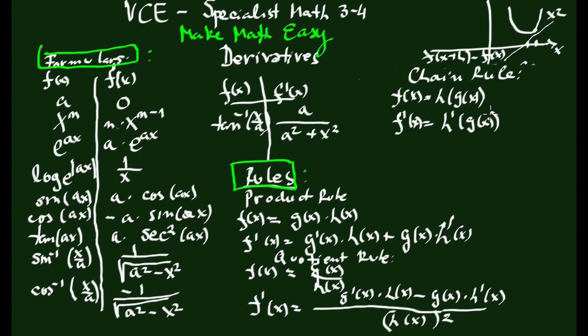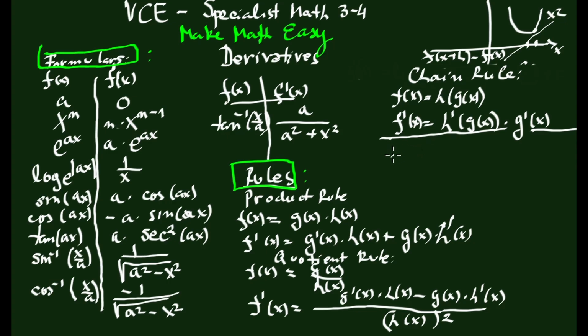So treat the g of x as an independent variable x, or as if it is, and then multiply that by g prime of x.